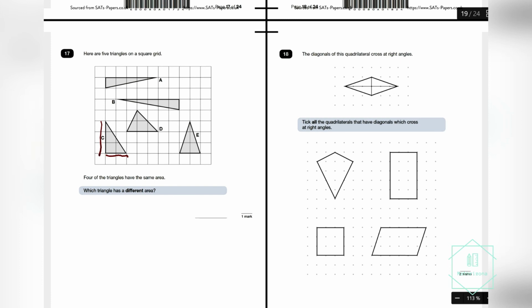The area of a triangle is half of the base times the height. So here for C, it will be half of 2 times 3. 2 1s are 2. So the area of C is 3 square units, whether it's centimeter or meter, it will be 3 square units. Okay, let me just make it clear.